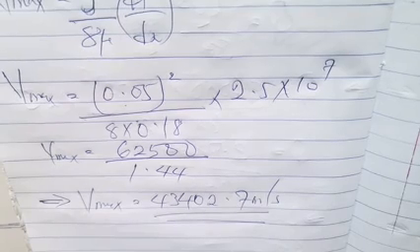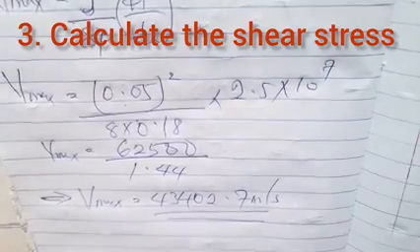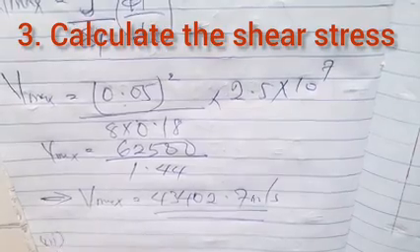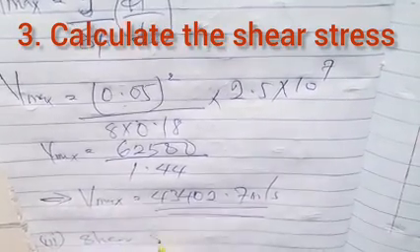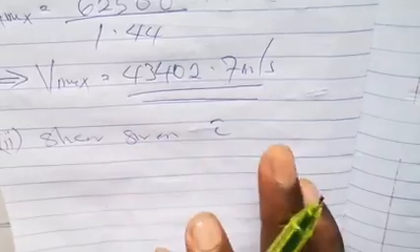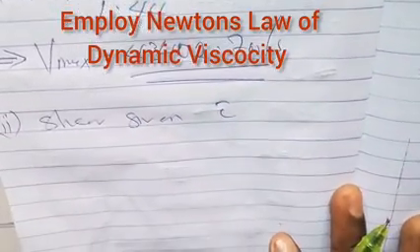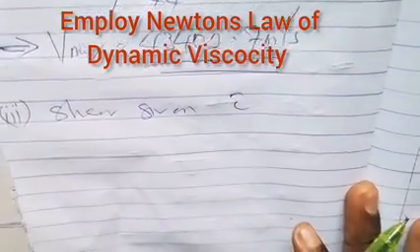Okay, so the third question says we should calculate the shear stress. That's the final question, we should calculate the shear stress. Okay, we have to find the shear stress tau, and to do this, Newton's law of viscosity always makes these equations and these solutions very easy.